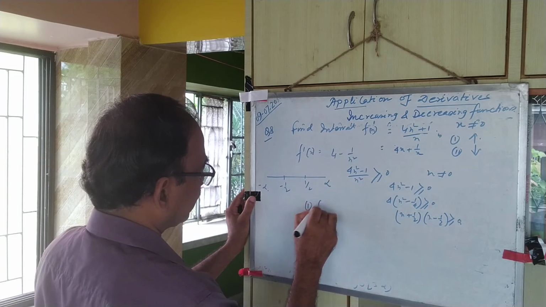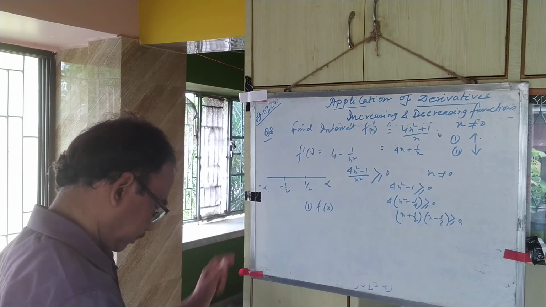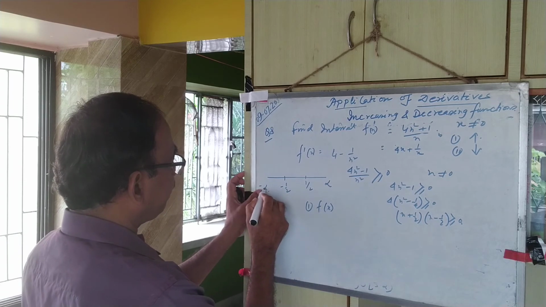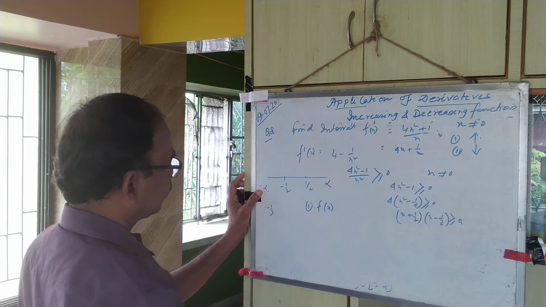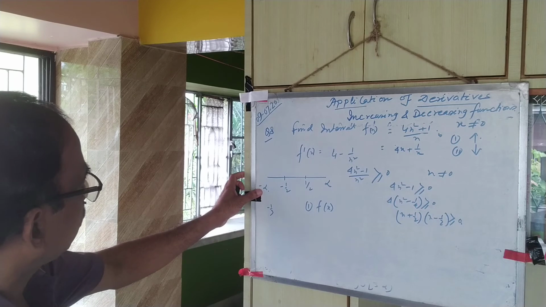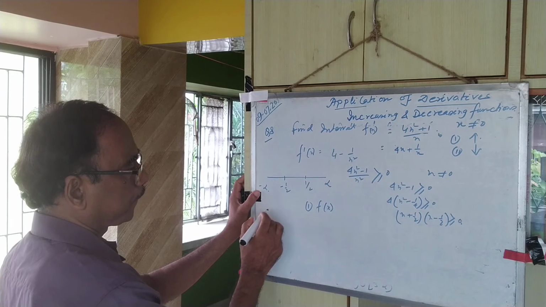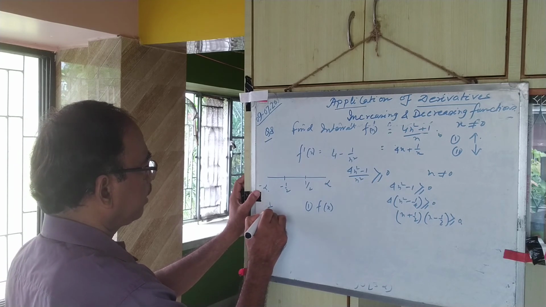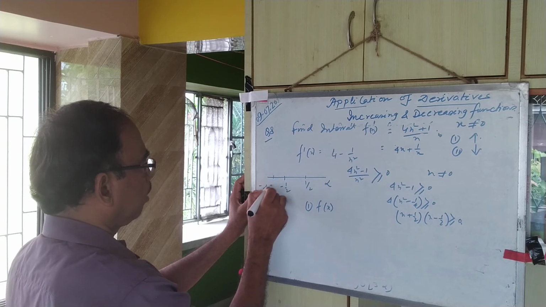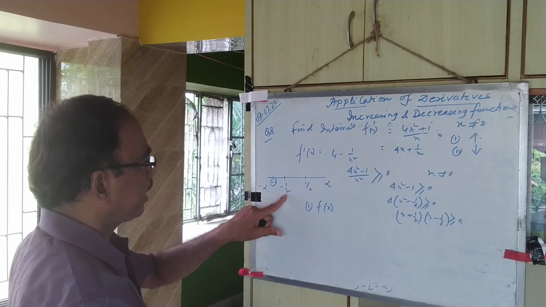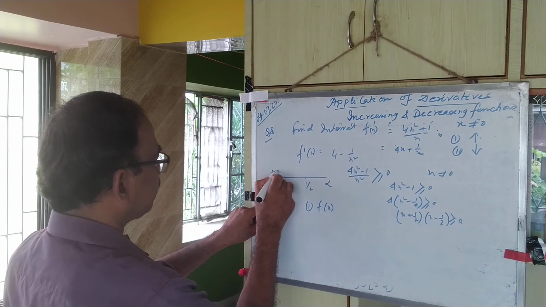Now for increasing, for minus infinity to minus half, suppose we take minus 1. Within this interval, minus 1, this is negative and this is negative, so this is positive.